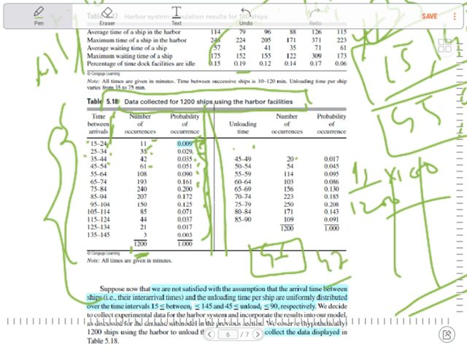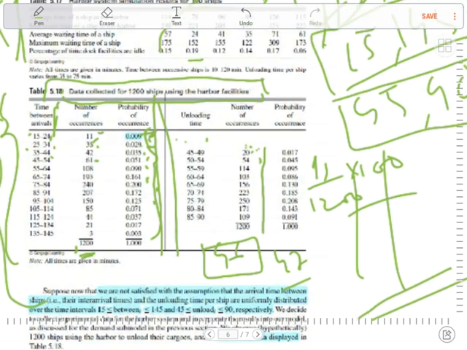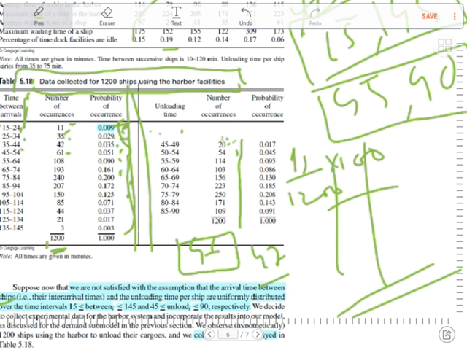So altogether 20 ships are there with unloading time between 45 to 49. Similarly, 54 ships arrived with unloading time between 50 to 54, and likewise. So total 1200 ships. Again the probability of occurrence uses the same strategy of calculation: 20 by 1200 into 100.